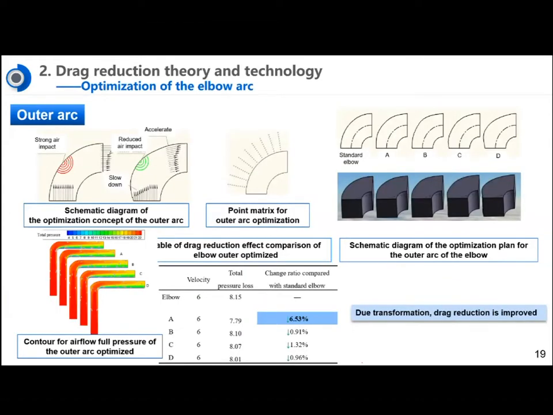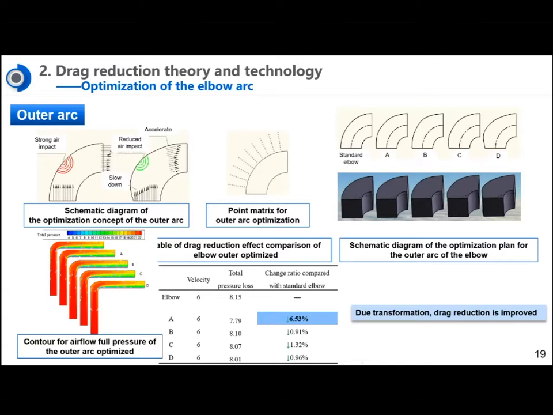Okay, from this slide, you can see the core of the outer arc transformation is influenced by the transformation of the arc. The picture demonstrates the reconstruction of the plane.